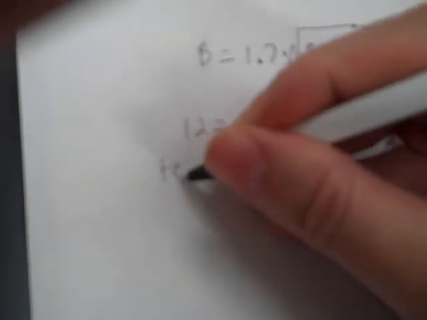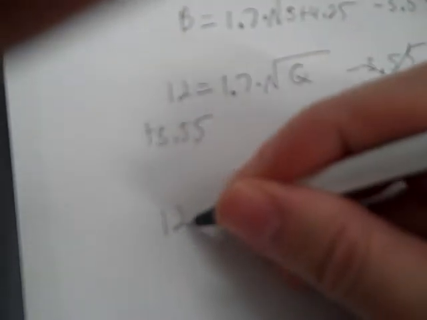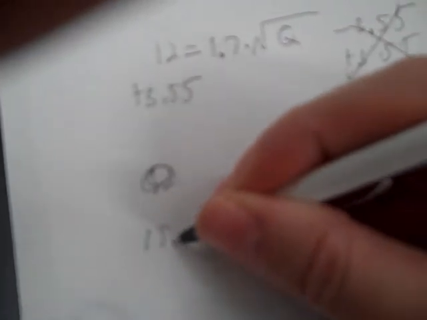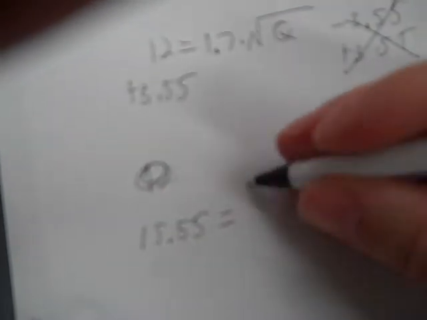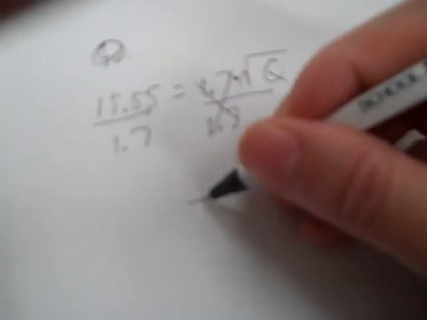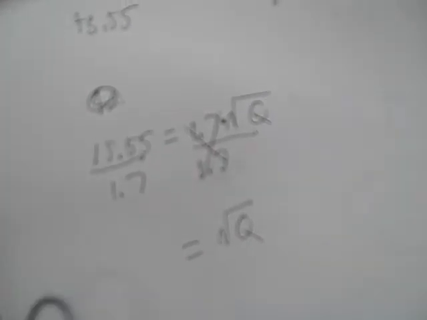Okay, so first I need to get rid of this 3.55 that's being subtracted, so I'm going to add that. So it's 15.55 equals 1.7 square root Q. Now I need to cancel out the multiplication of the 1.7 by dividing. 15.55 divided by 1.7, 9.15.